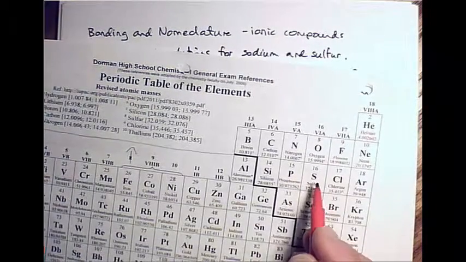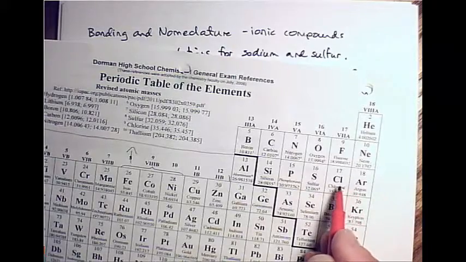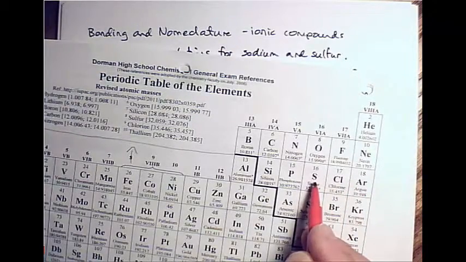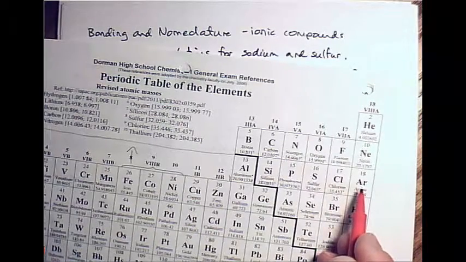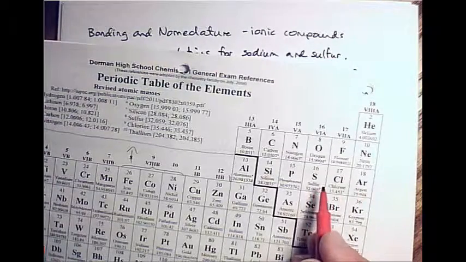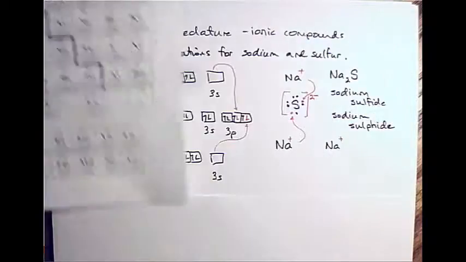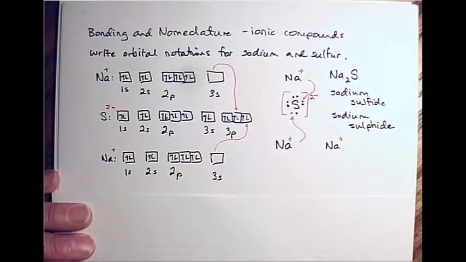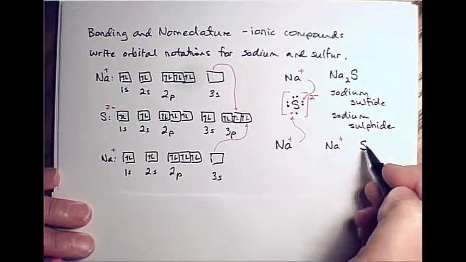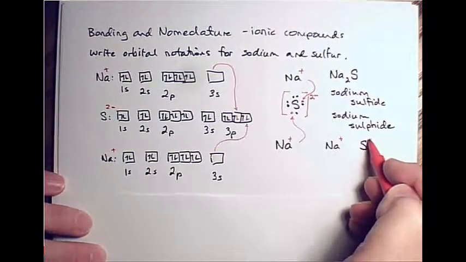And if I just add 2 more, represented by the position of chlorine and argon, then sulfur will have an outer energy level that has 8 electrons. Okay, it'll have the same electron structure as argon. If I add 2 electrons to sulfur, it's going to have a 2 negative charge. So I can infer that sulfur, when it is completely satisfied with electrons, will have a 2 negative charge.